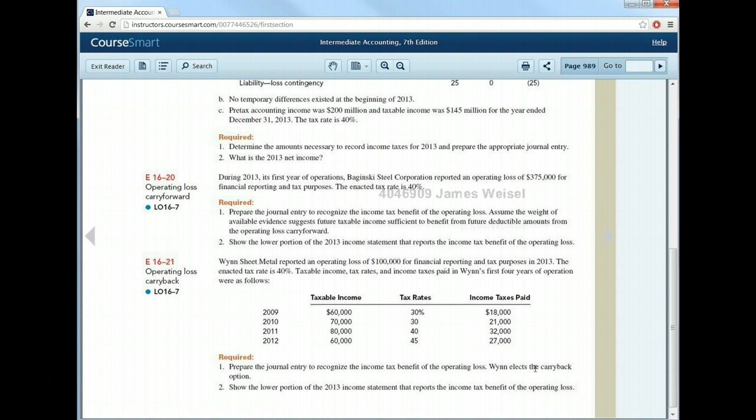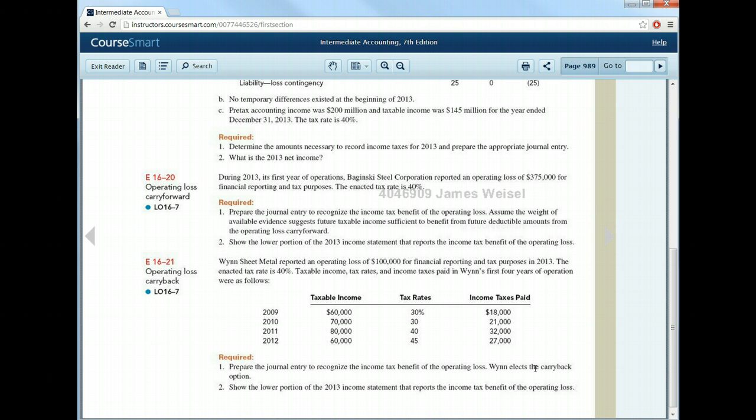Essentially what happens here is the IRS does not allow us to record or recognize a loss on the income tax return. The IRS will allow operating income to be zero, but will not permit a business entity to have an actual negative taxable income.